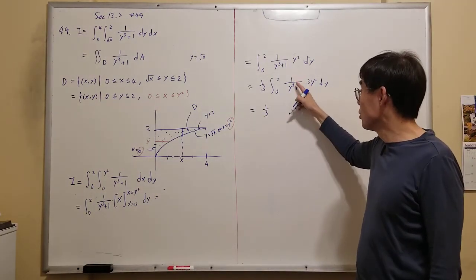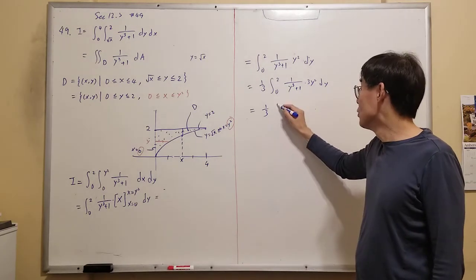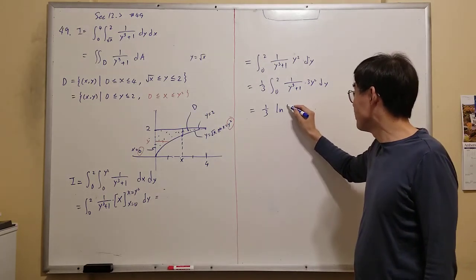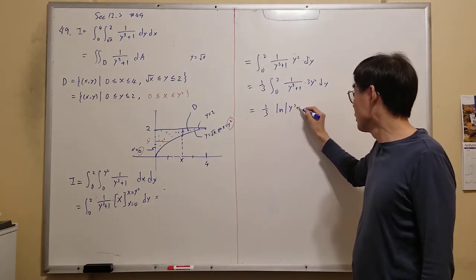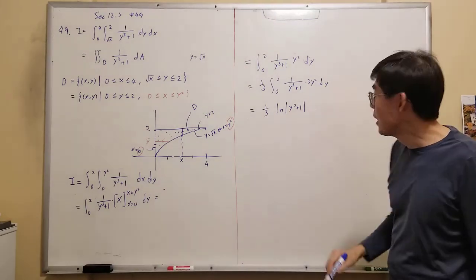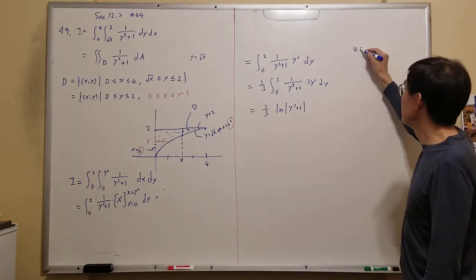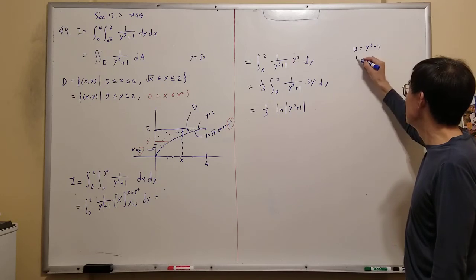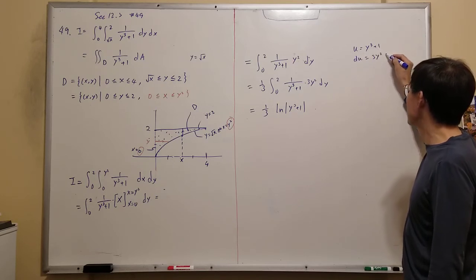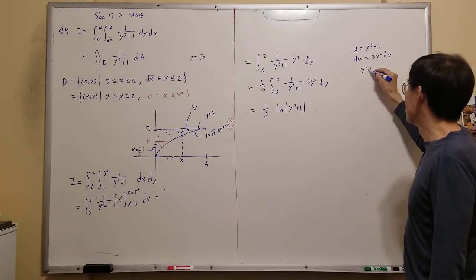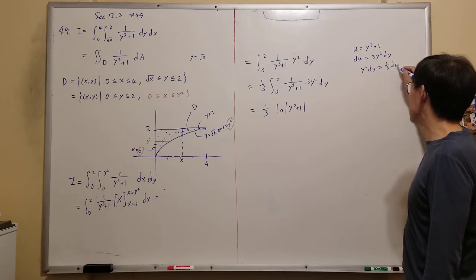Your outside function is 1 over u, and the antiderivative is ln of y cubed plus 1. Okay? If you want, you can do this: u equals y cubed plus 1, du equals 3y squared dy. So y squared dy equals 1/3 of du.